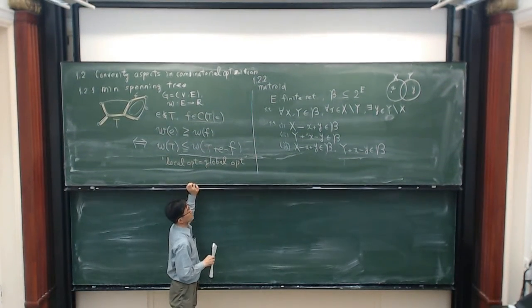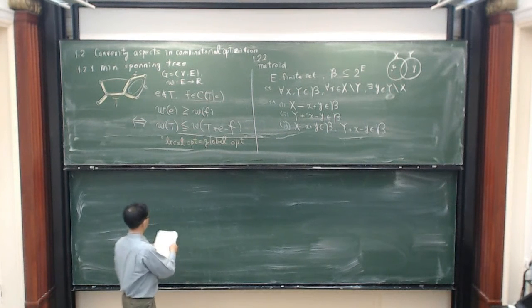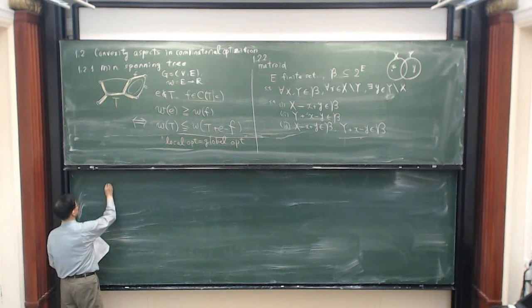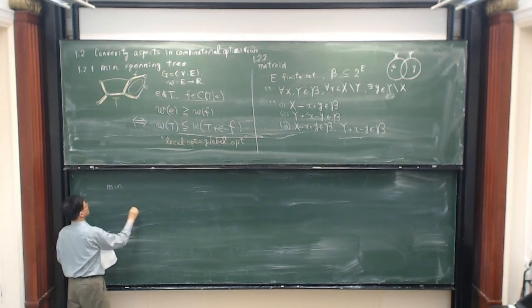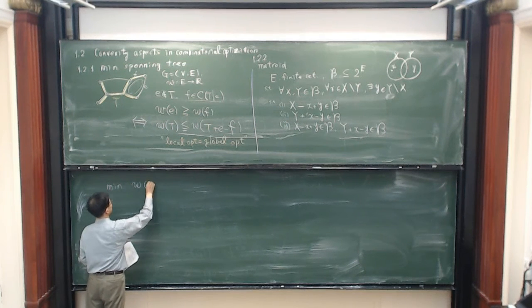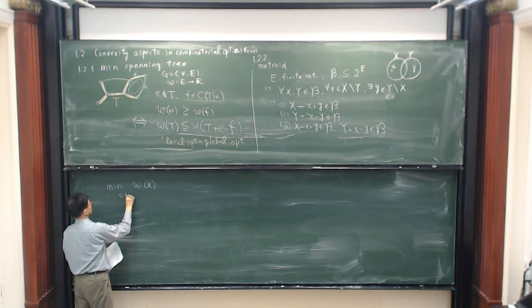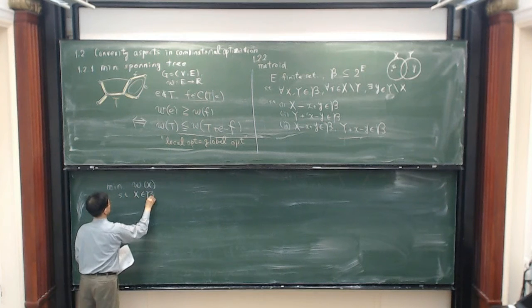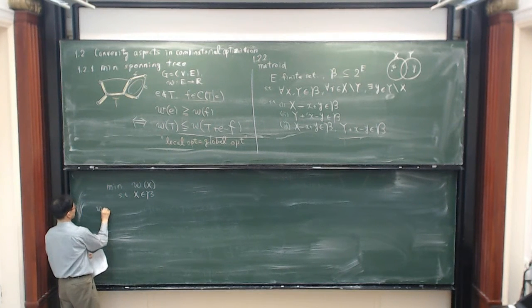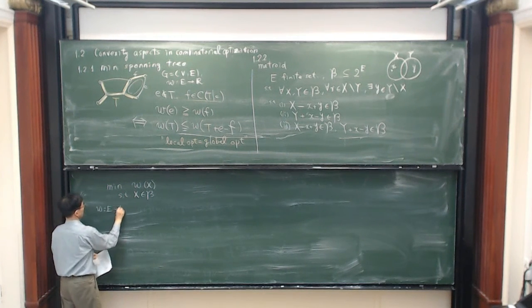So we can consider a minimum spanning tree type problem. That means minimize weight of x subject to x is a base. Here, W is the weight function.